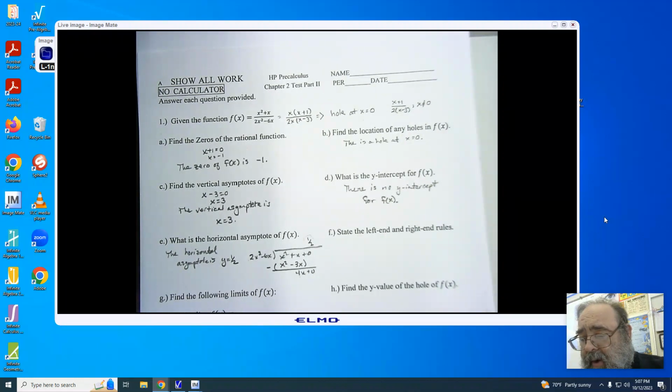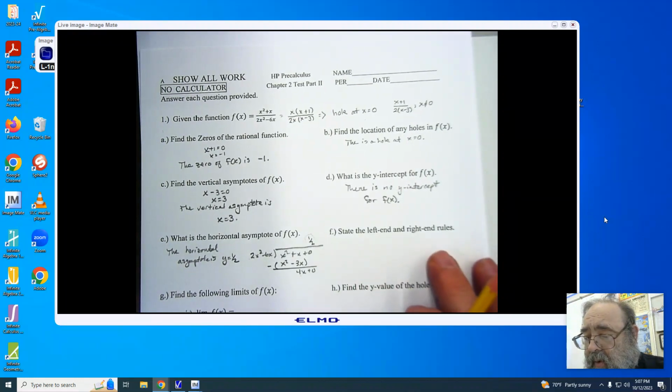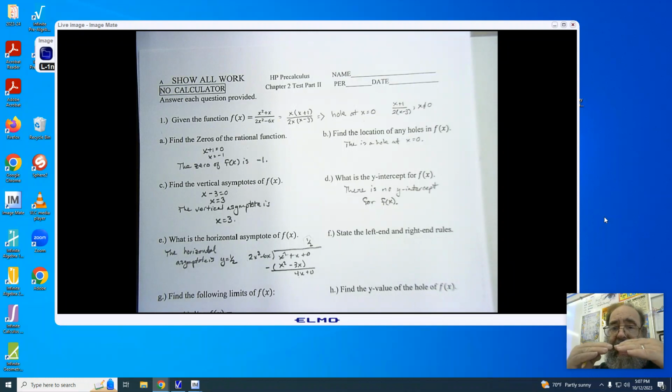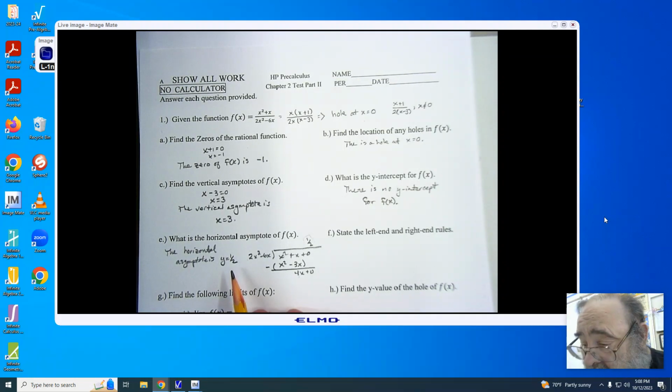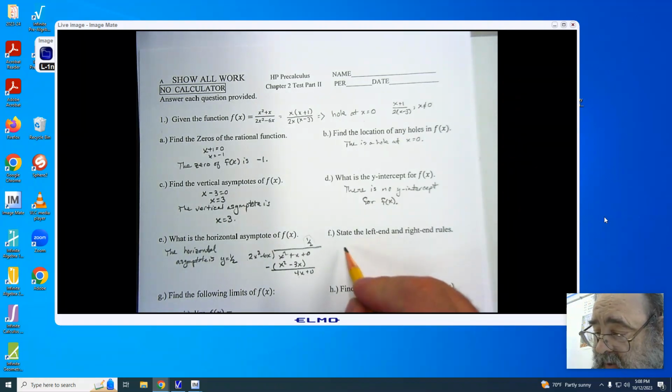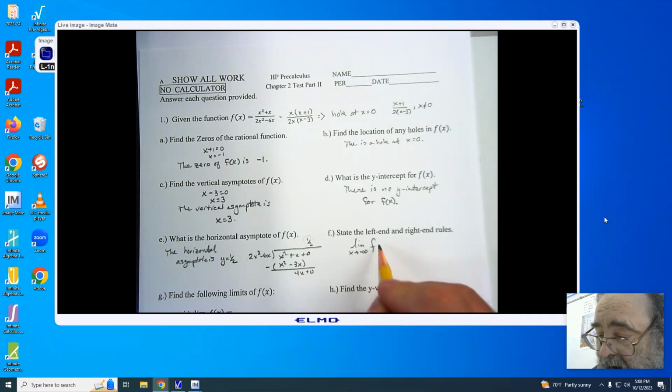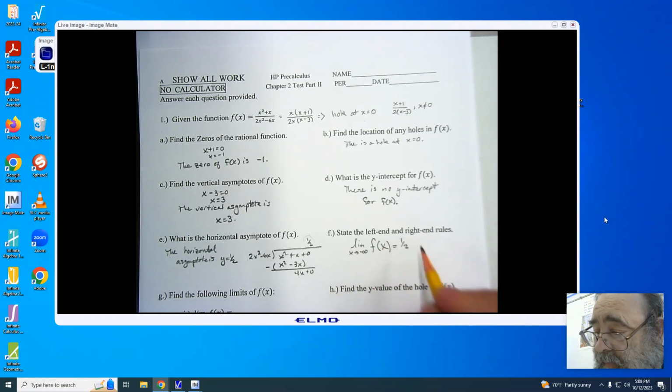And in order to do my left and right hand rules, I have to understand what's actually happening. I am approaching this limit, y equals 1/2, from both ends. So this is going to be my left end rule and my right end rule. We're going to write the left end rule as the limit as x approaches -infinity for our f of x, and we get 1/2.